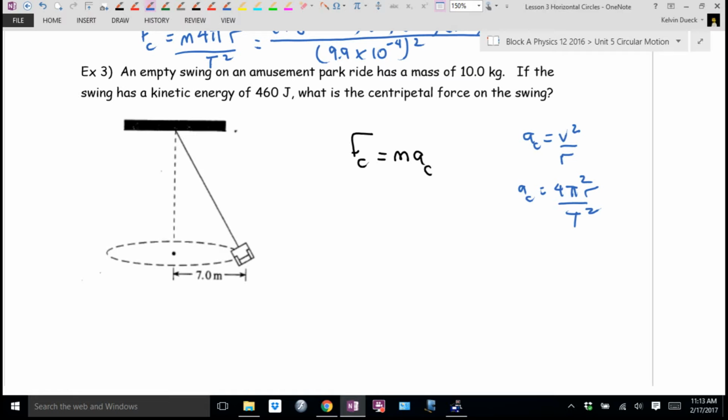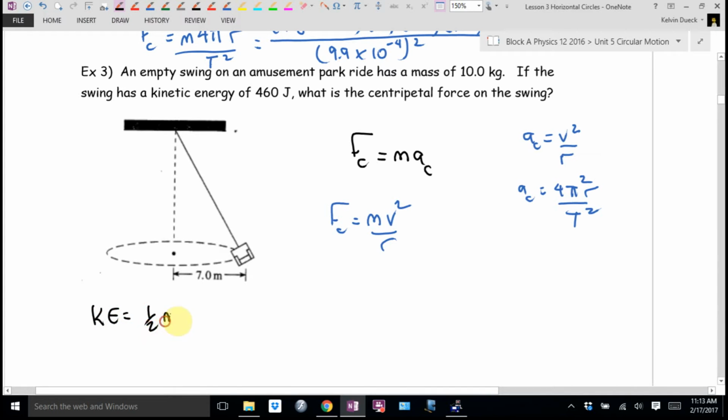Okay. So on my next line, I'm going to write Fc equals mv squared over r. I know my approach. Now I'm going to take that kinetic energy. Now that kinetic energy is equal to a half mv squared. I was going to get the v by itself, but look up.